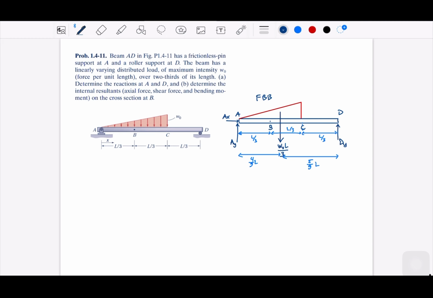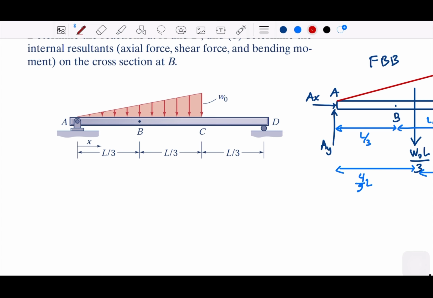Now let's slice open B. This is A, this is B, and then let's say this is Ax, this is Ay, and then we have another triangle, if we look closely here.